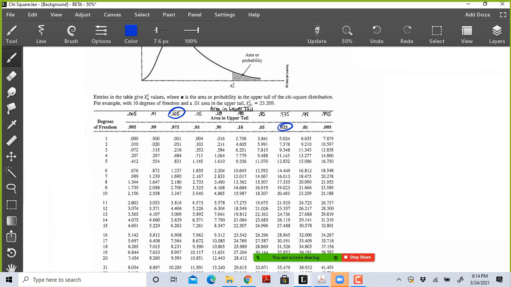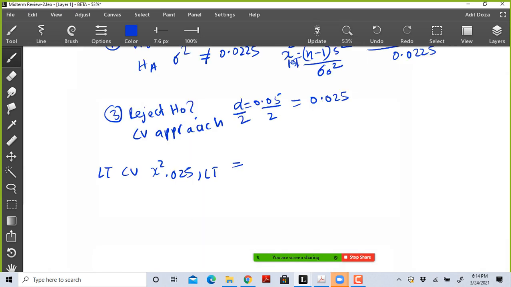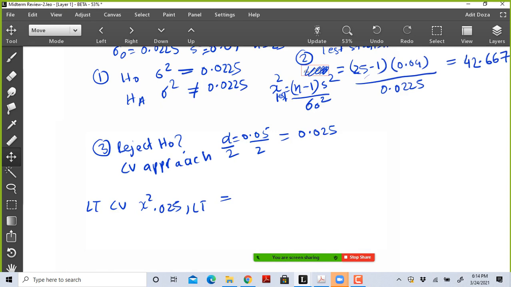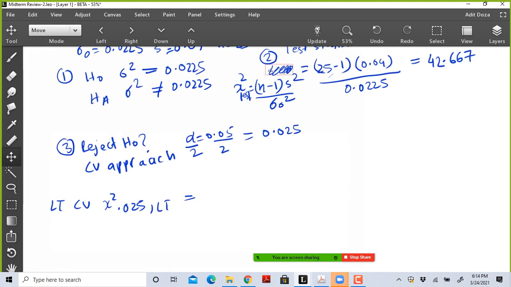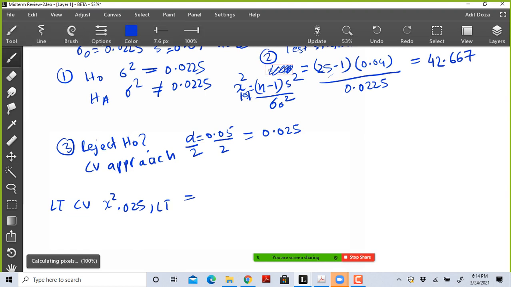And what's the degree of freedom? How many samples were there? N. So what's the formula for degree of freedom? N minus 1. Brilliant. So degree of freedom is 25 minus 1, which is 24.